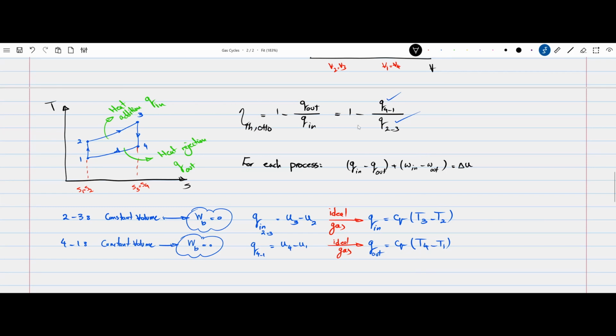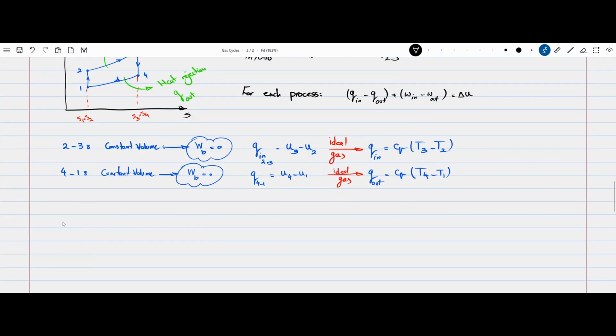Let's set this up here again. So the thermal efficiency of an Otto cycle is 1 minus Q out over Q in, which is 1 minus CV (T4 minus T1) over CV (T3 minus T2).